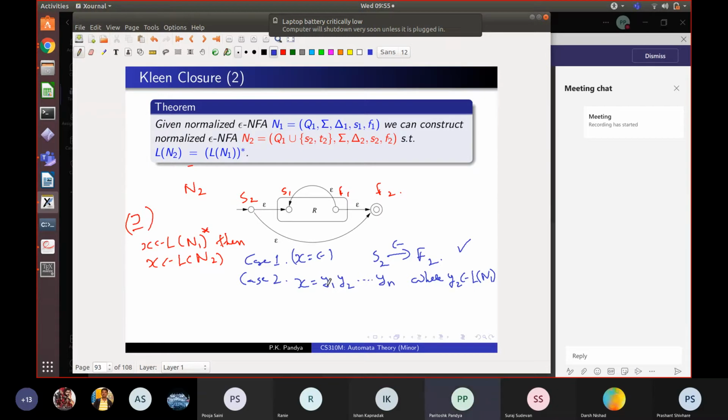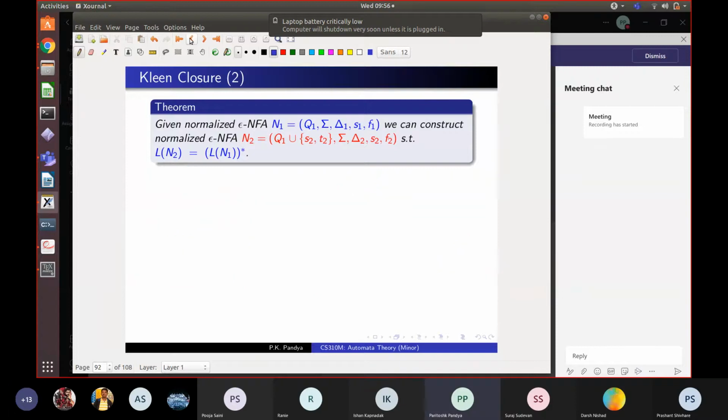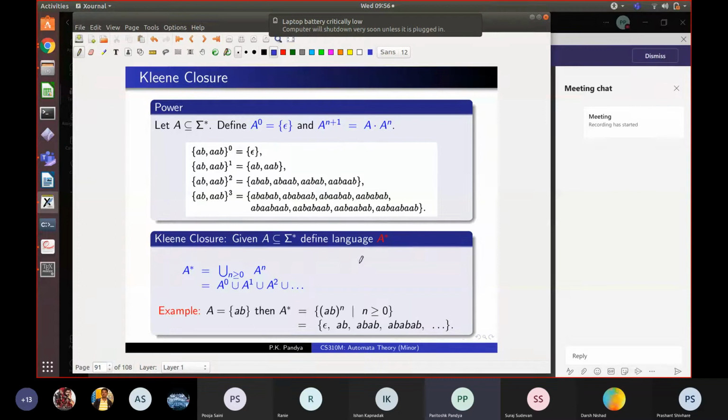Is this clear to you? Is there any question that a word in A star can only be of one of these two forms?